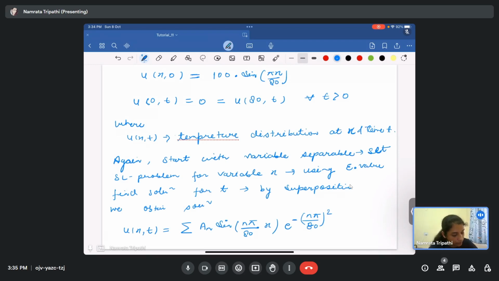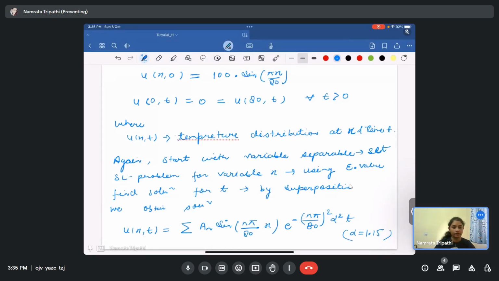Alpha square is 1.15. So let's take it, alpha square where alpha is 1.15.